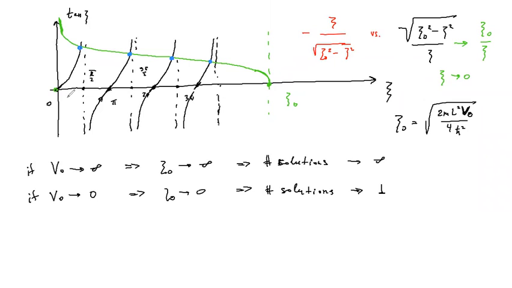So you start from 0. When xi equals 0, it's 0. And it's negative. And when I reach xi naught, my numerator will be 0, so I'm going to reach infinity. So then these guys should connect like this, maybe.